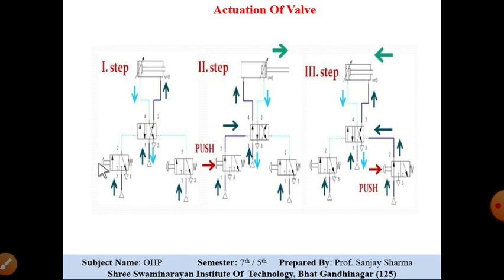Now here there is no control, only the control is done by this valve. So you can see here the push button or the lever is applied or a solenoid type system is used. Any valve can be used. So whatever the actuation is done on this valve, based on this, right now in step 1 you can see the plunger is inside.